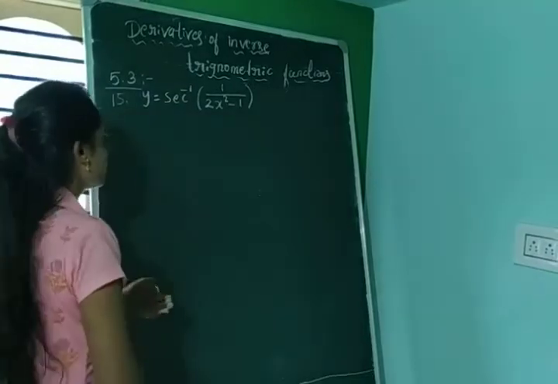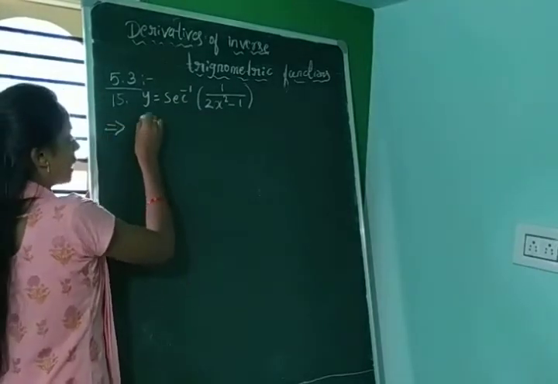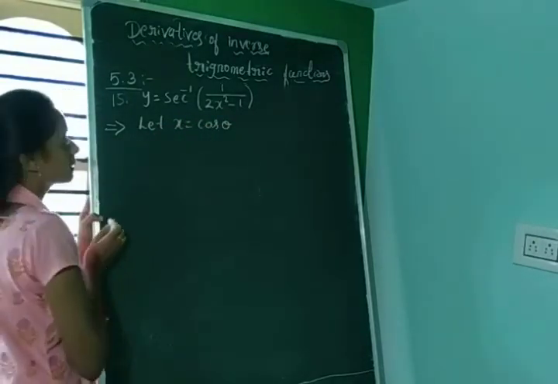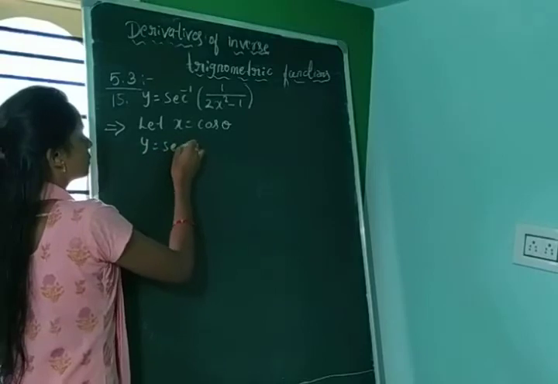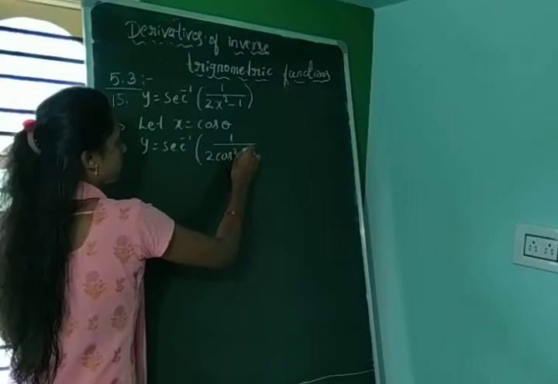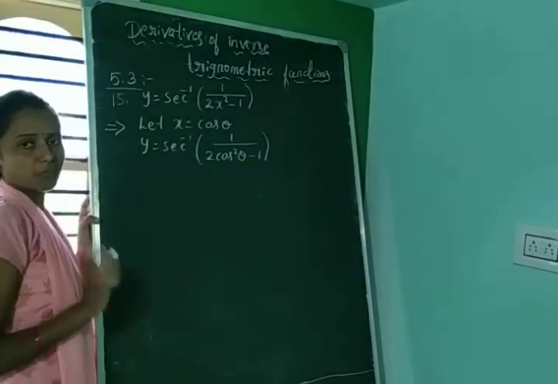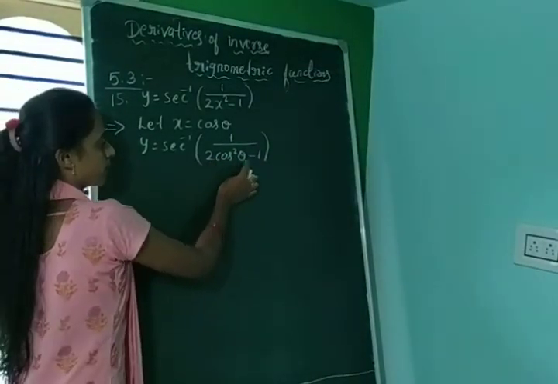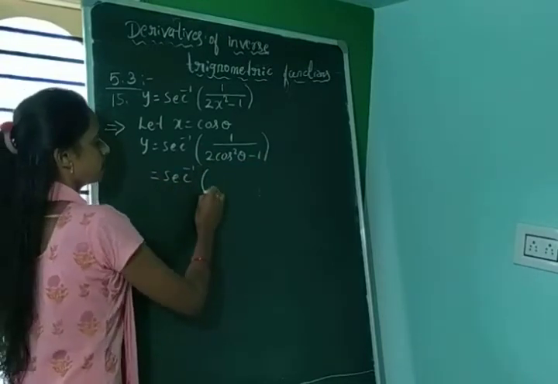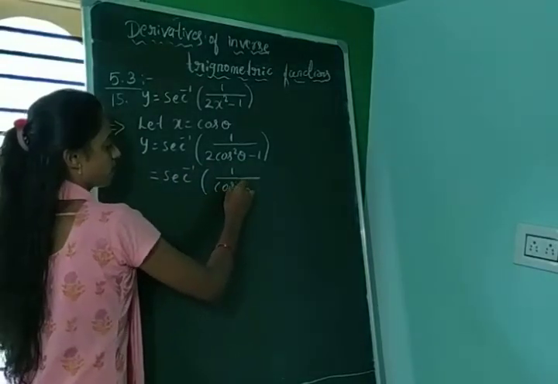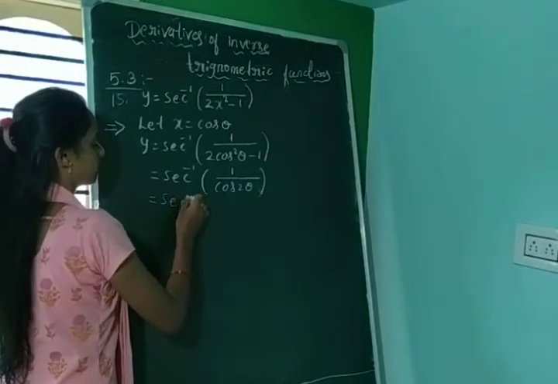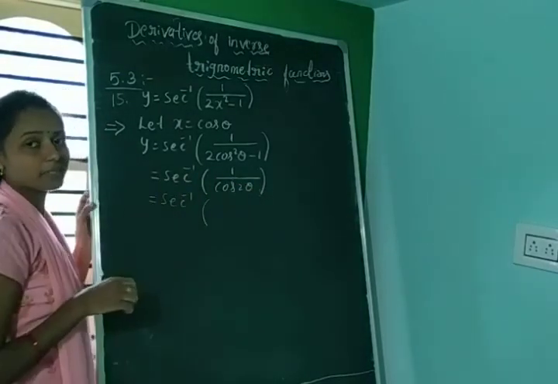So in that case, you can find the derivative of this. Is it clear? So now I take the substitution, that x is equal to cos theta. Okay. So now y is equal to secant inverse of 1 by 2 cos square theta minus 1. If you remember, 2 cos square theta minus 1 is the formula for cos 2 theta. So now 1 by cos is nothing but secant, right?